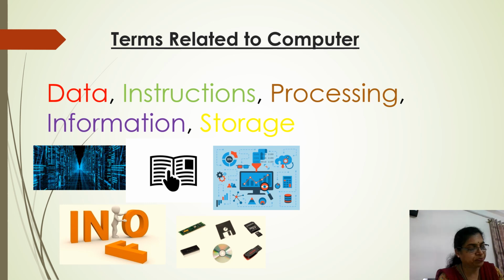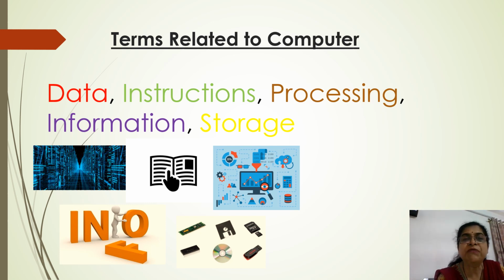Data is the collection of unrecognized facts, which can include words, numbers, images, or sounds. The computer collects all this through input devices. Now, what is an instruction? All of you know.